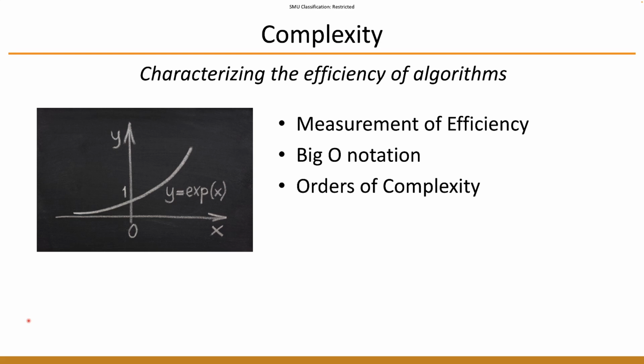Finally, using the big O notation, we'll introduce different types of algorithm classes, to tell you the most common types of complexity that we will see, not just in this class, but beyond it.